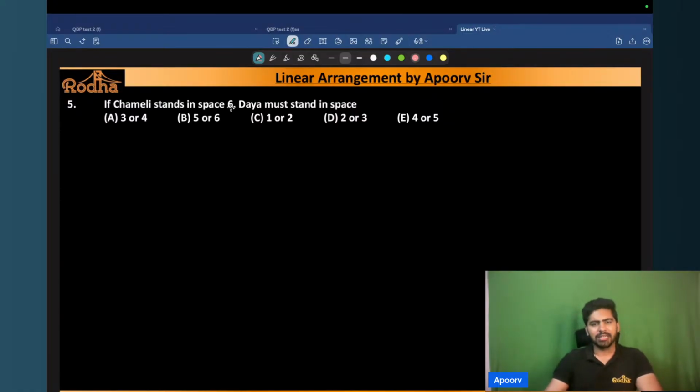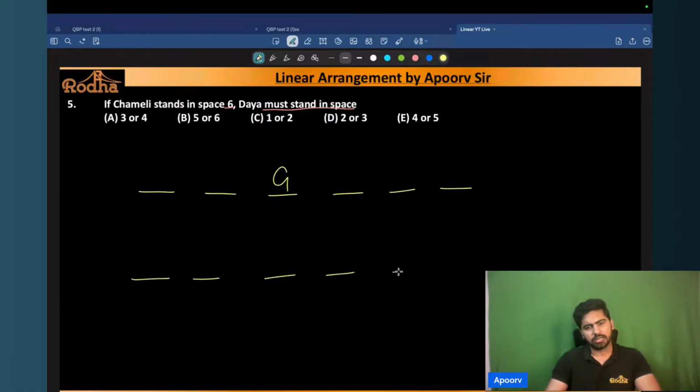If Chameli stands in space 6, then D must stand in which space? Okay, let's see here. So we have again two cases: the first case where Gauti was standing at the third position, and the second case where Gauti was standing at the fourth position, right? Now it says if Chameli is standing in space 6. So let's put Chameli in both the cases in space 6 here, right?